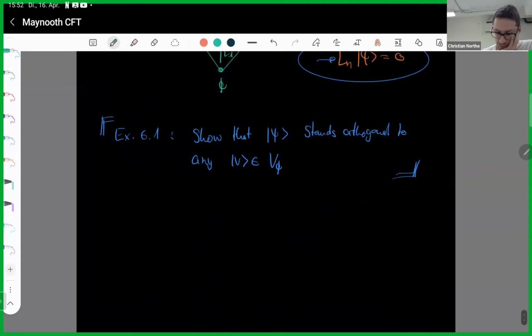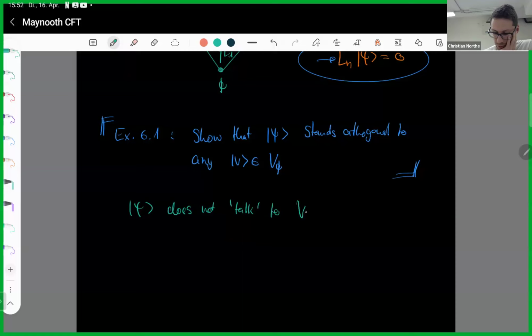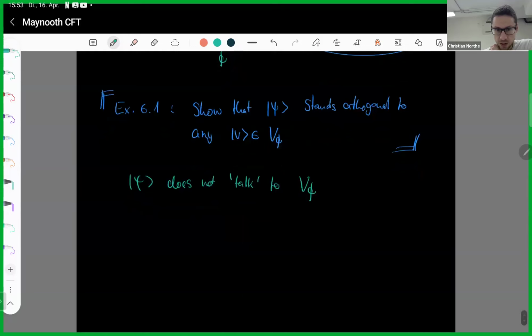So psi does not talk, in quotes, to the Verma module of phi. But that means that in principle, I can ignore it. And what we do in practice is that we just set psi to 0 and its descendants.